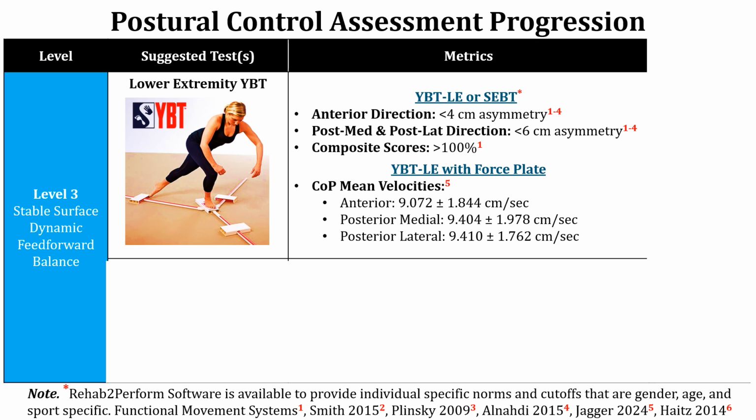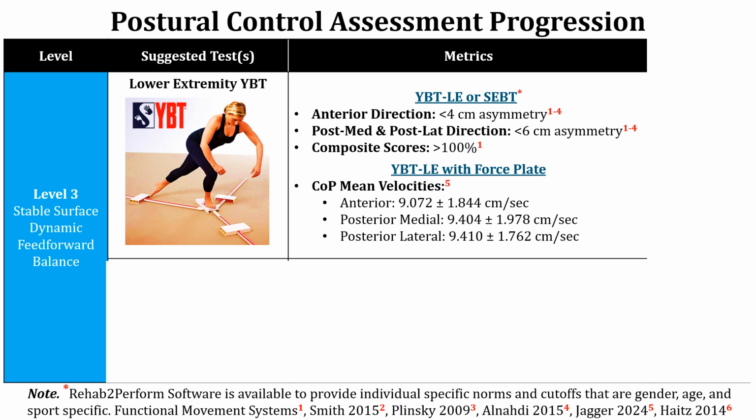Of note, and you can see by the asterisk symbol for the lower extremity Y balance test, is that those cutoffs have been suggested. The developers of the kit have shown that the normative values as far as reducing risk of re-injury, be it secondary or primary prevention, need to be a little bit more specific to the age, gender, and even the sport event of the individual.